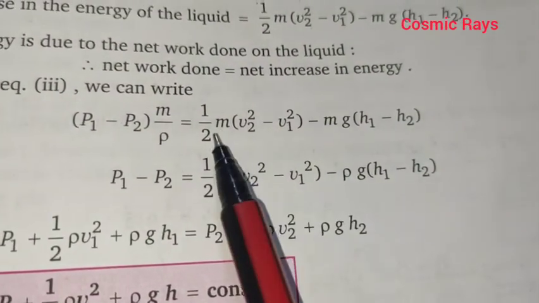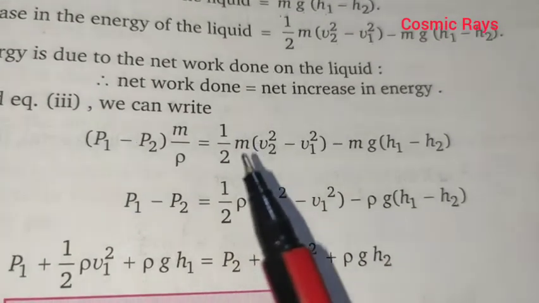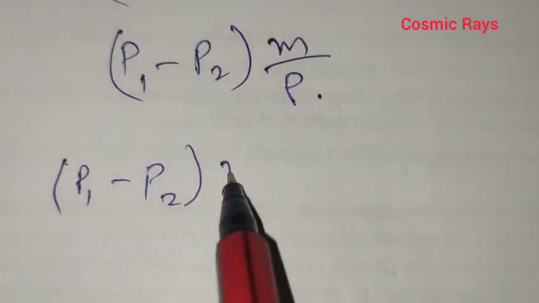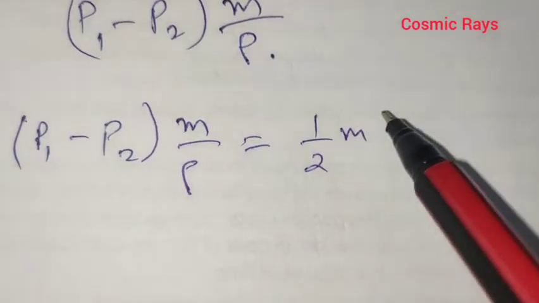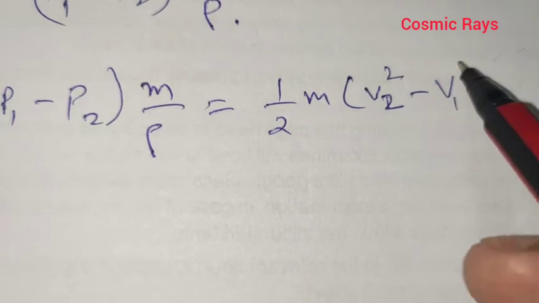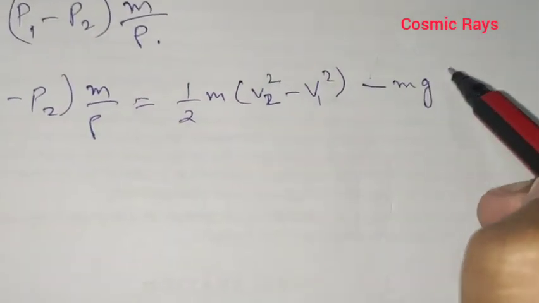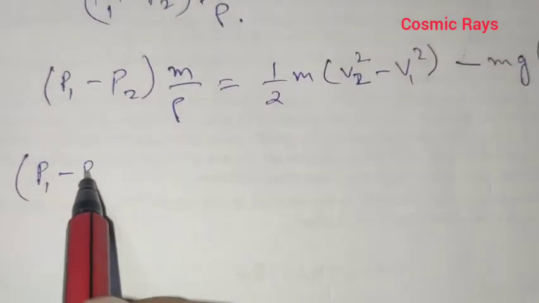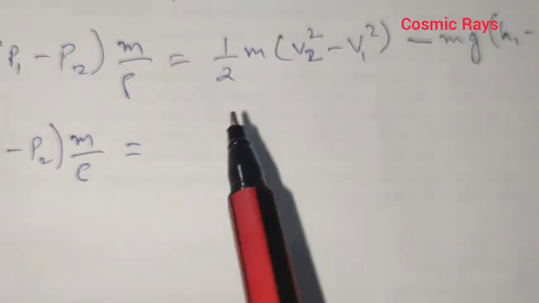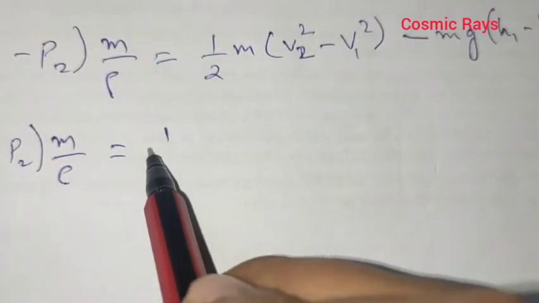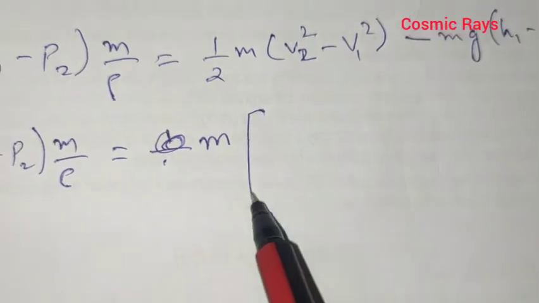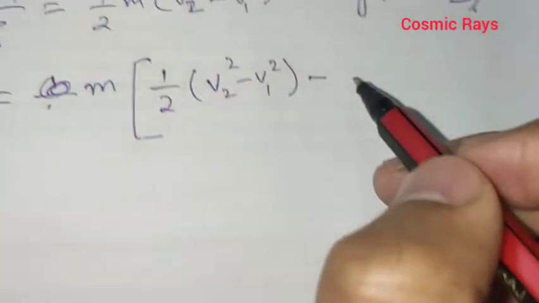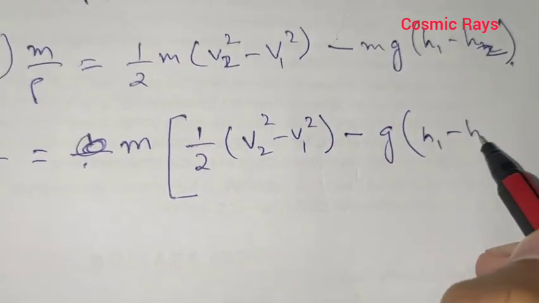Now from here m can be taken common. The left hand side remains as it is, that is P1 minus P2 into m upon rho is equal to, taking m common, half, V2 square minus V1 square, plus g, h1 minus h2.